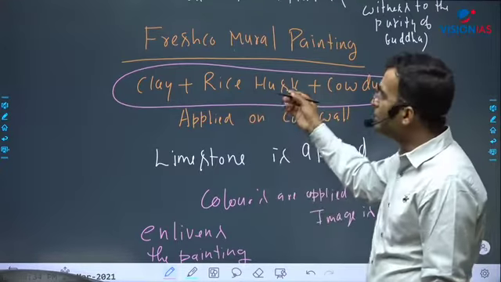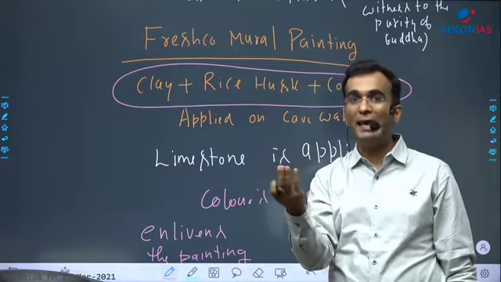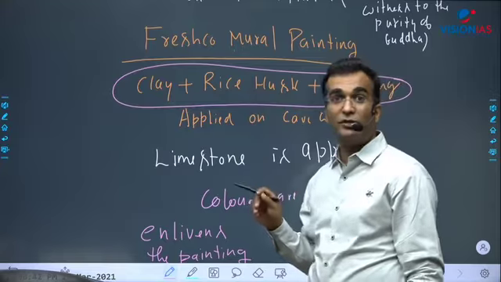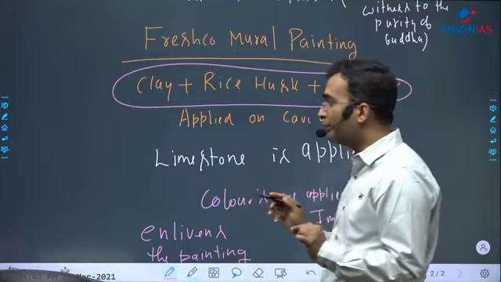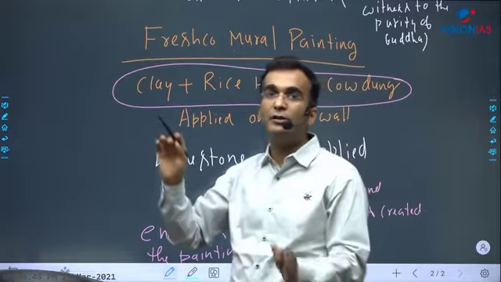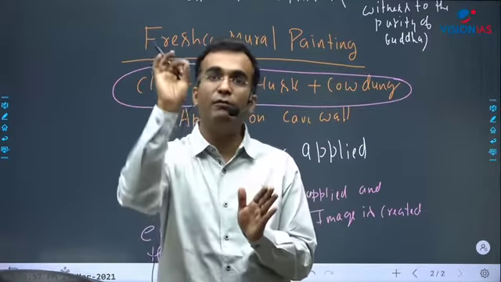So this mixture, not only after absorbing the moisture it enlivens, but also it absorbs the color. ठीक है? So color को भी absorb करता है. So it absorbs the color, and moreover, slowly it imprints the color on the wall of the cave.